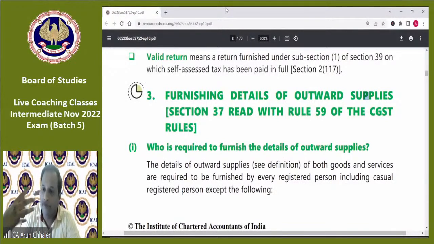Now, if I am opting for quarterly, it is called QRMP, quarterly return monthly payment. If I am monthly, then I will file my GSTR1 and GSTR3B on a monthly basis. If I have opted for quarterly, then I will file the GSTR1 and GSTR3B on a quarterly basis. For month 1 and month 2, there is some more requirement we'll discuss in some time.